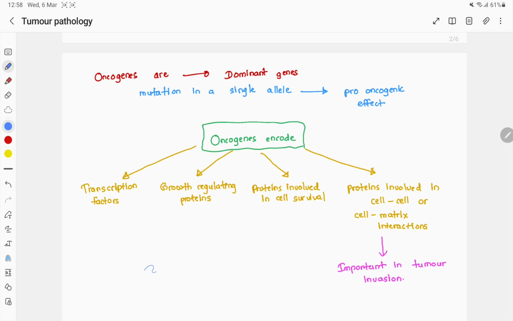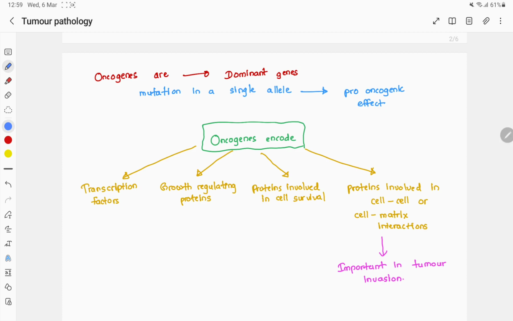Normally in our body there are proto-oncogenes, and they are well regulated by growth factors. That means they have well regulated initiators and well regulated feedback mechanisms. So if those proto-oncogenes are mutated, cells overproliferate.